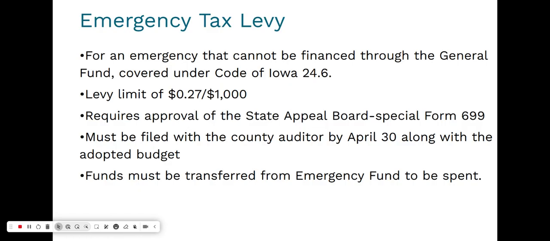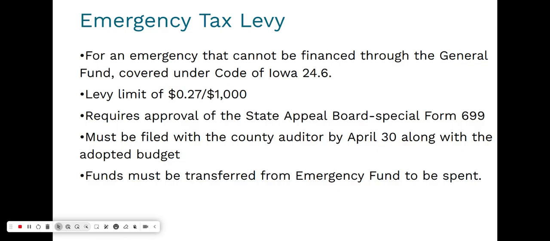The use of this emergency levy does require the approval of the State Appeal Board. State Appeal Board is a 3-member body of the Director of the Department of Management, the state auditor, and the state treasurer. There's a special form that would need to be completed.